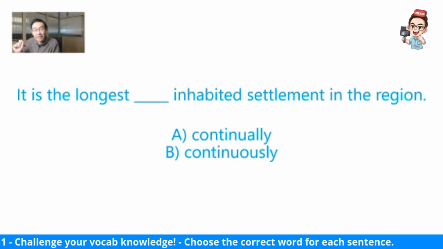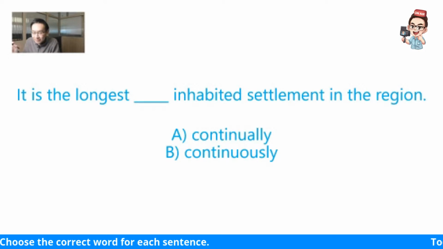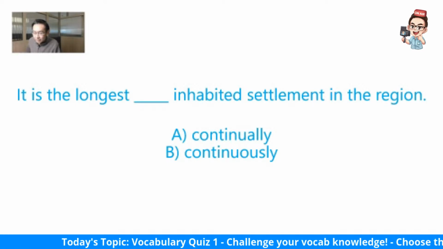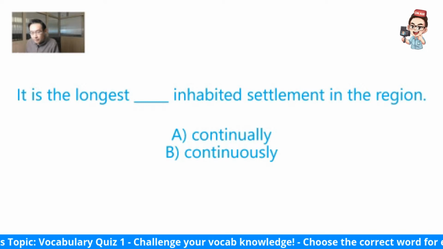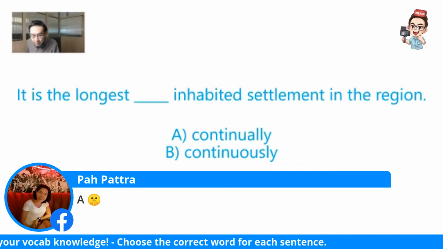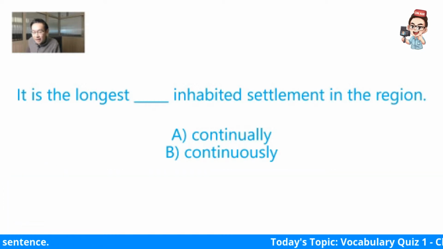What do you think is the best answer for the blank? We have the first guess from Papatra, A. So you think continually is the correct answer. Any other guesses?